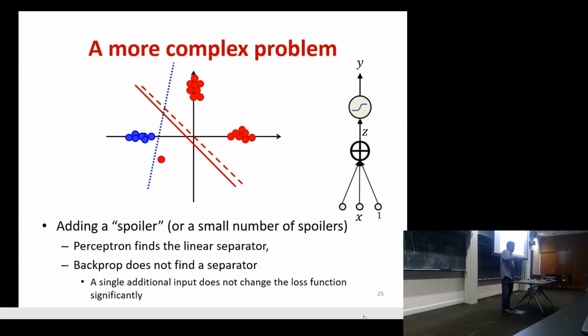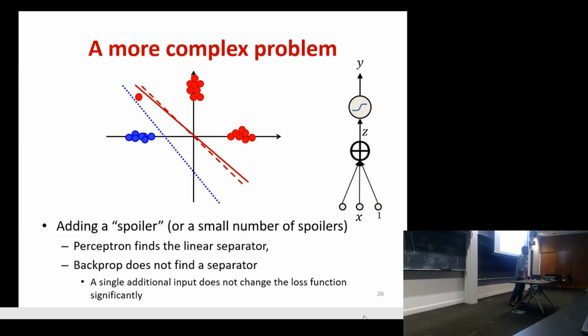But this makes sense. What would happen if I added a training point over there? The perceptron rule would still find a correct classifier. Gradient descent is going to wiggle a little bit, right? I put something here. The perceptron rule is going to find a classifier. Gradient descent is going to wiggle a little bit over there.